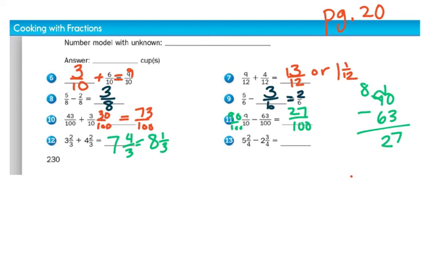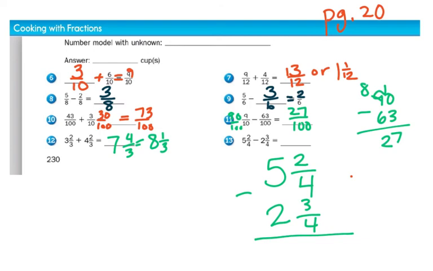And lastly, 5 2/4 minus 2 3/4. I'm writing this for a very specific reason. I cannot subtract 3/4 from 2/4. Do you remember what we did here? It's been a while. We borrow from the whole number. We turn that fraction into a fraction that equals one whole.